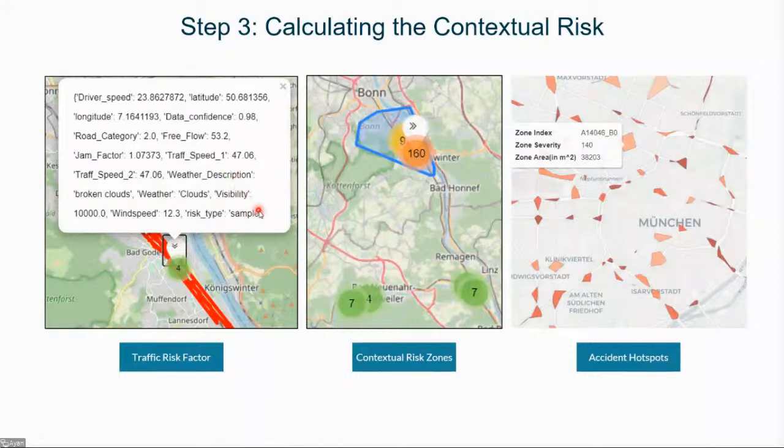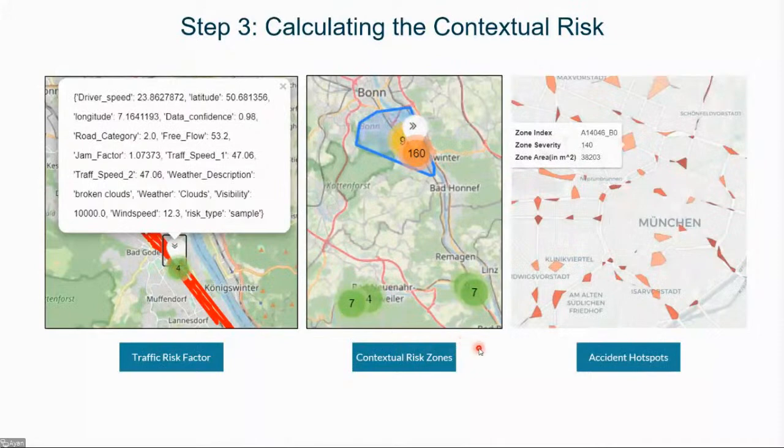The other part you can see is contextual risk zones. We have historical accident-prone zones, where we know historically that accidents have happened at that particular place. But we can also create zones where we know a certain kind of event is happening a lot, which could help in better road designs, or in analyzing areas where people generally have a large number of hard braking and hard acceleration events.